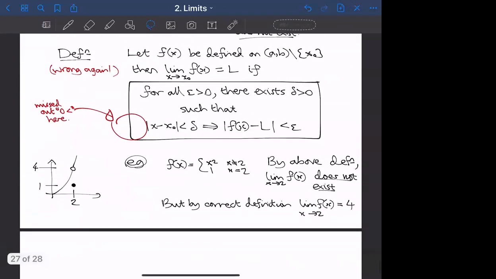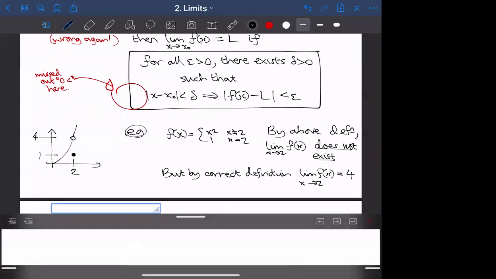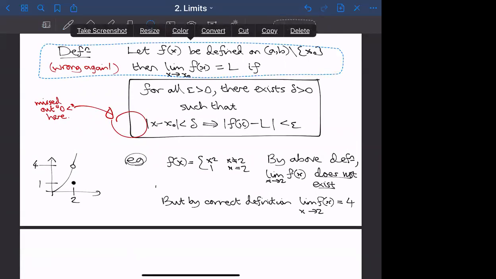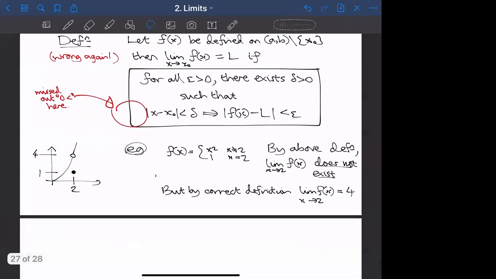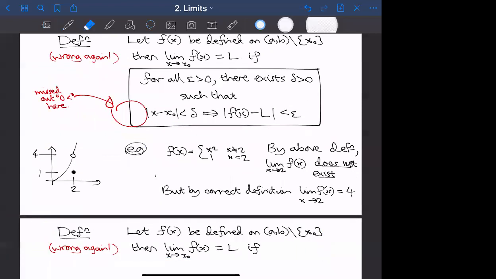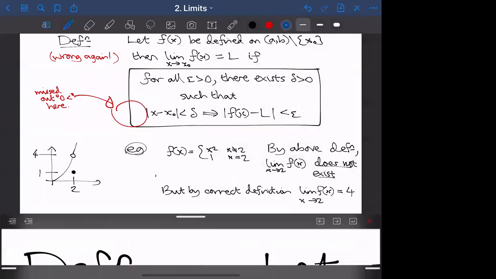So let me just write out again the correct definition. Okay. So this first bit was correct.